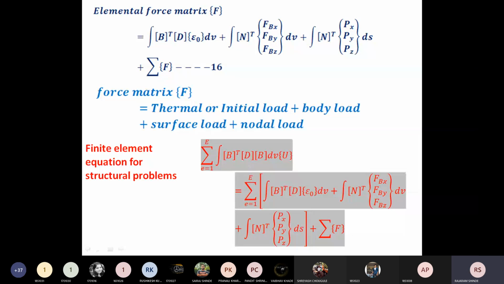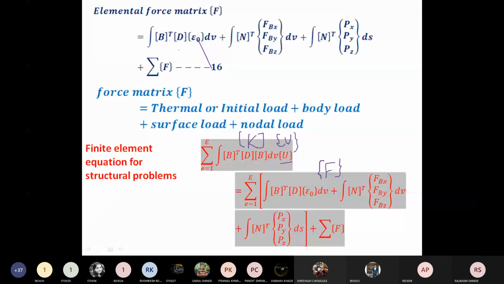Okay, this one is your stiffness matrix K, and this is your displacement matrix U, and on the right side the total matrix is the force matrix.